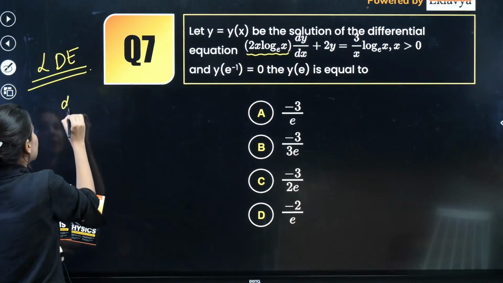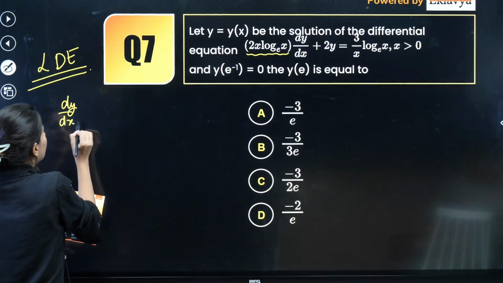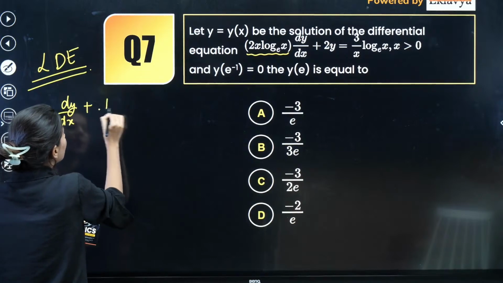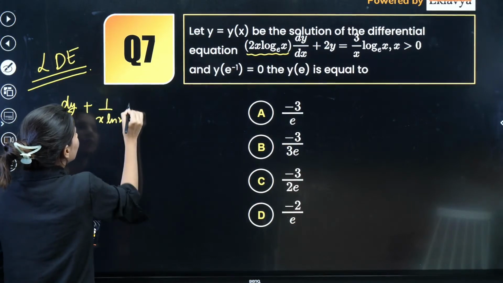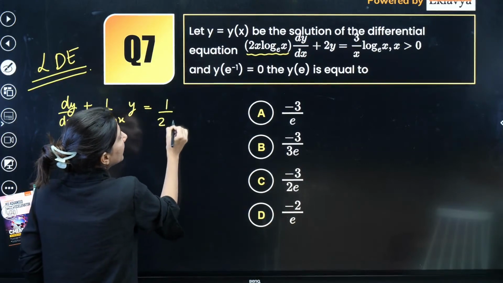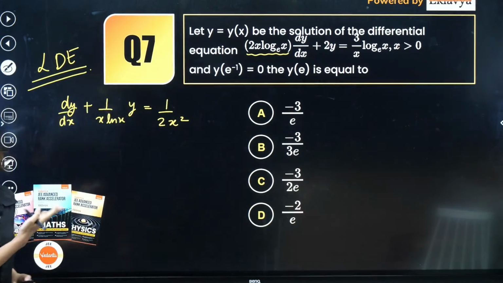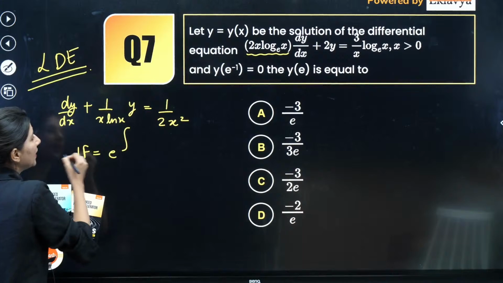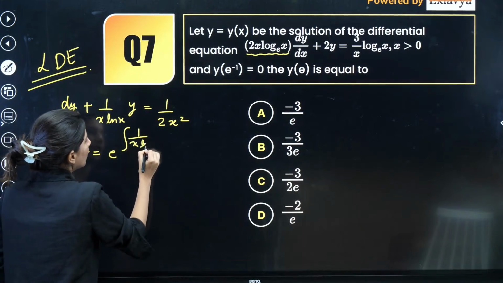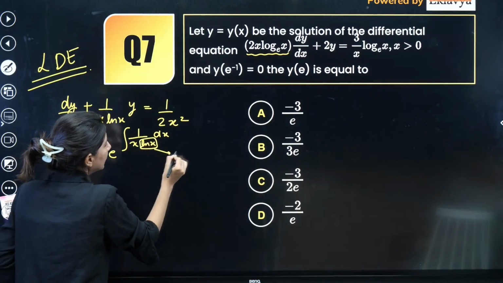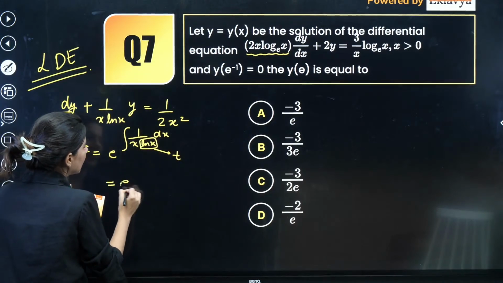So dy by dx, right, dy by dx plus 2 by 2 will get cancelled out. So 1 upon x log x y is equals to, now divide, so 1 upon 2x square log x cancel out. Can you see now this is a linear differential equation? Now integrating factor, who is going to tell me? E raised to power integral of 1 upon x log x dx. If I put this as t, 1 by x dx will become dt.